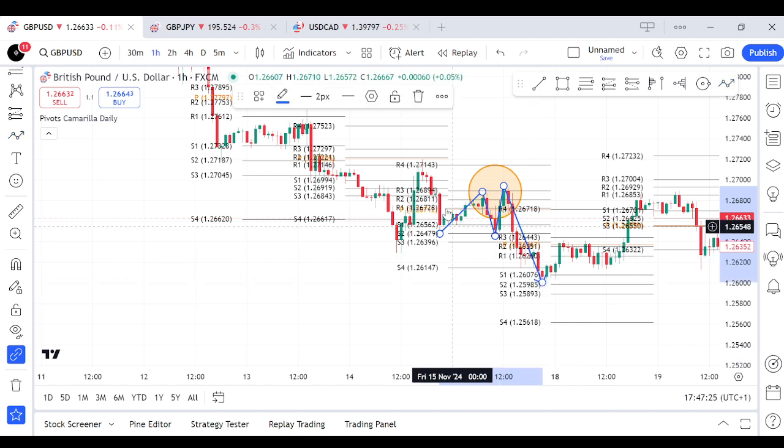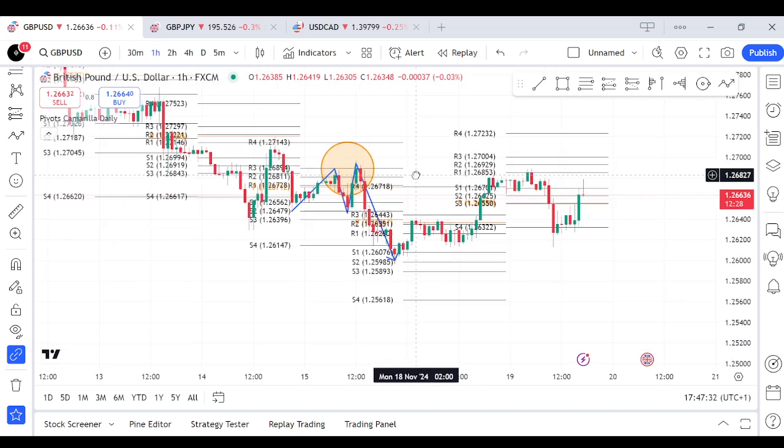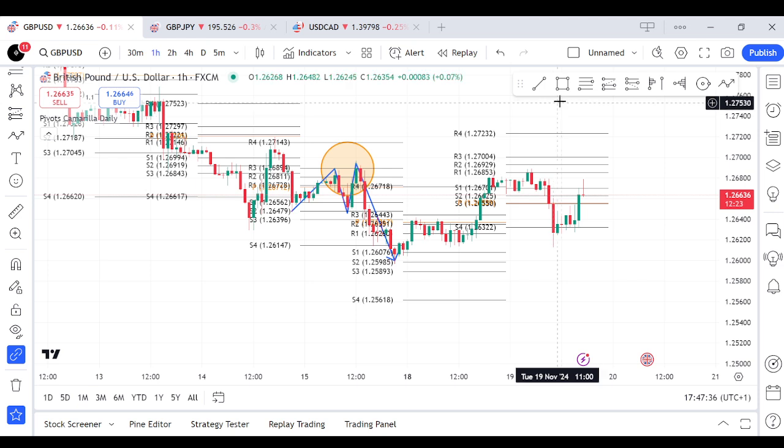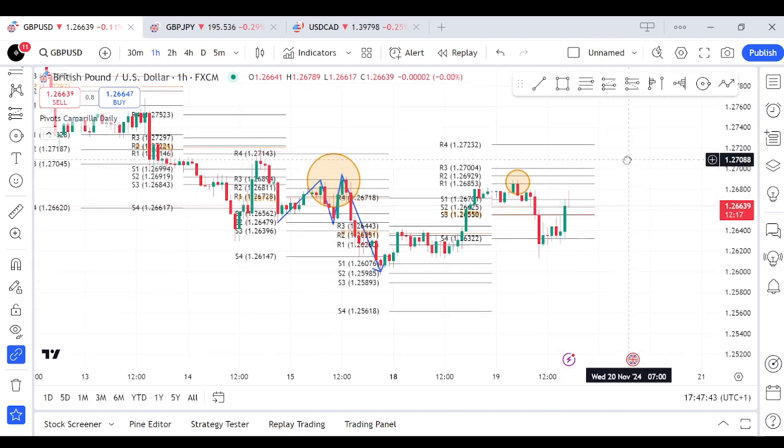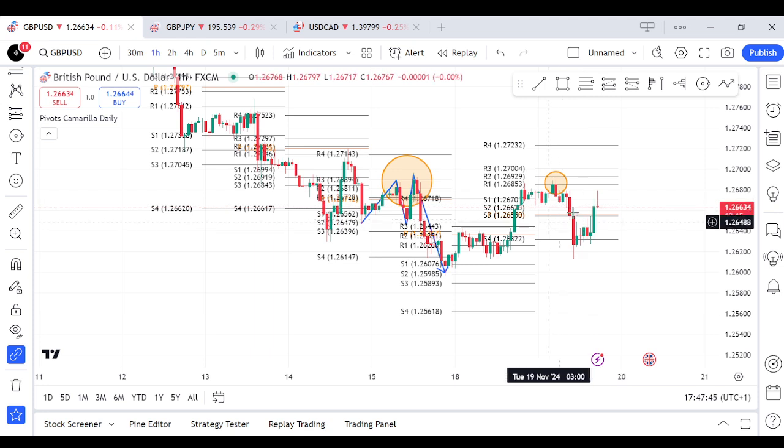But the main thing is that price reacted from the R3 level, which is the resistance level, and you can see price continuing to give us a push to the downside. See price reacting from the R1 level right here to give us a push to the downside. So price typically reverts to mean levels when using the Camarilla Pivot Points.